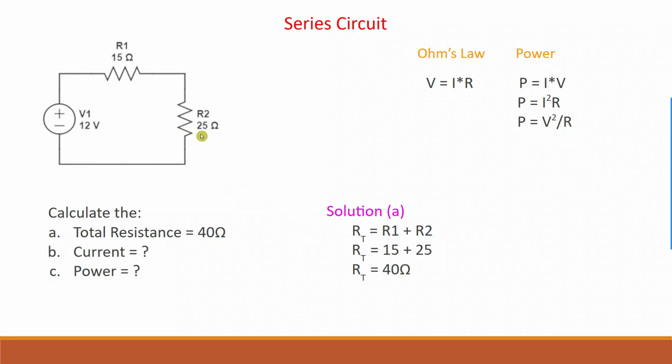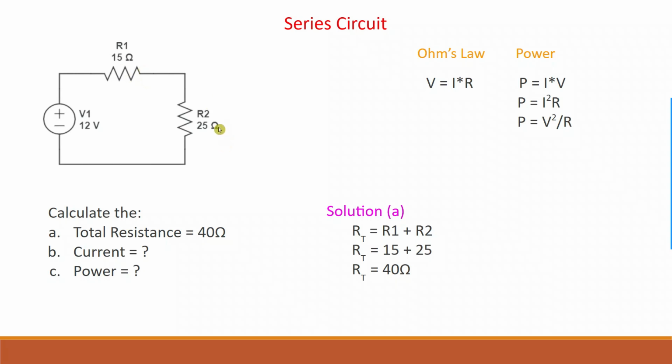This is a series connection. The formula for a series connection, the total resistance, will be RT equal to R1 plus R2. In this circuit I am using two resistors, R1 and R2. If we use 3 resistors, 4 resistors, 5 resistors, it depends on you.